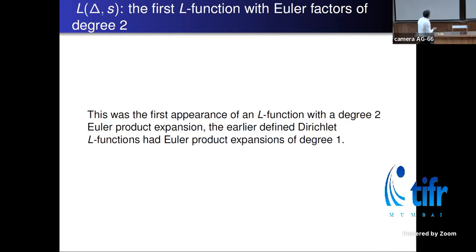So this Ramanujan delta function, which again showed up for Ramanujan in this somewhat exotic way, as error terms of these convolved sums, turns out to give rise to an L series with an Euler product expansion of degree 2. Right? And this Euler product expansion is equivalent, at least formally, to these two properties I wrote down for Ramanujan's. Yeah, any questions?